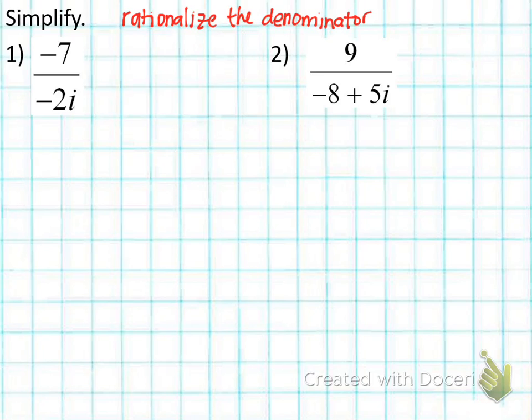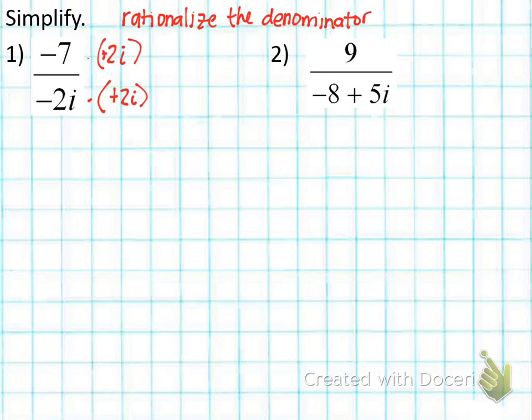Okay, so we take number 1, we got negative 7 over negative 2i. We know that the real part is a 0, so we don't really have to worry about it, but on our denominator here, we multiply by its conjugate, which is positive 2i. Same thing, whatever I do in my denominator, I also do in my numerator. Multiply by positive 2i, okay? We just multiplied by the conjugate.